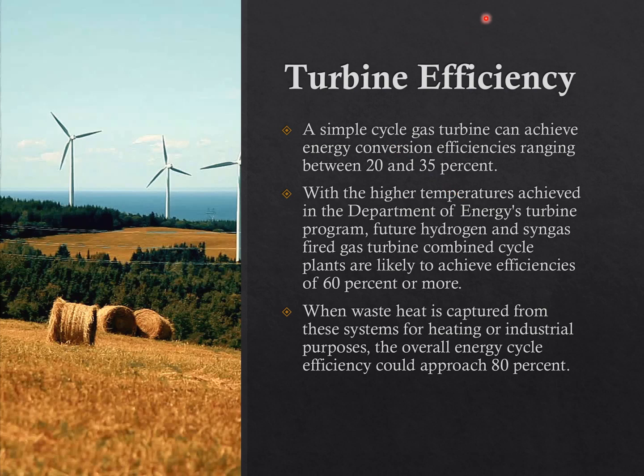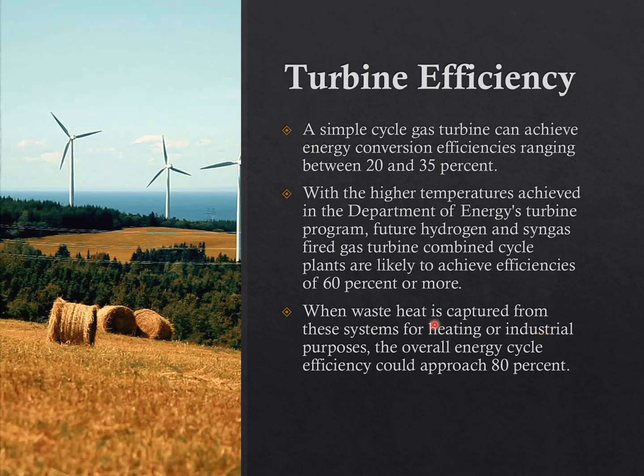But if you got a bigger system, higher temperature, like those the Department of Energy uses, higher temperature combined cycle, using hydrogen and also syngas fired gas turbines, those kinds of systems can get energy efficiency of about 60%. That's pretty high compared to our normal 20 to 35%.